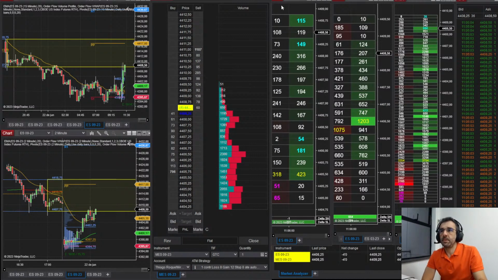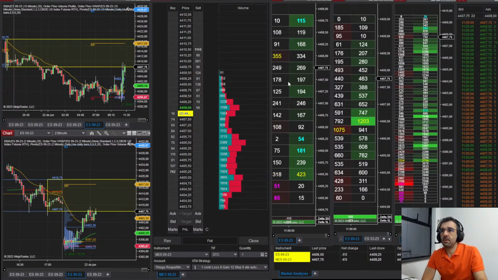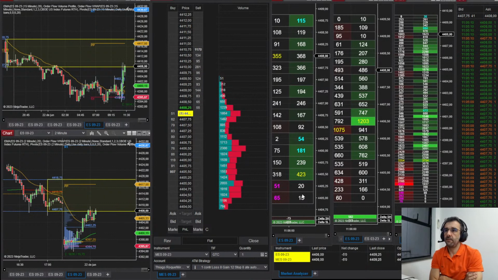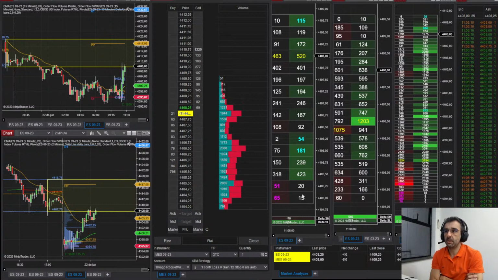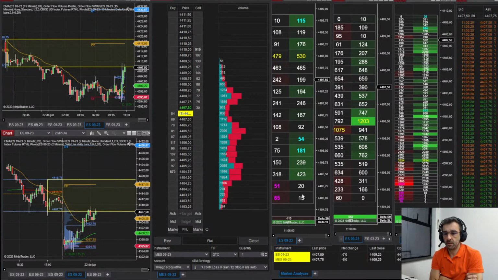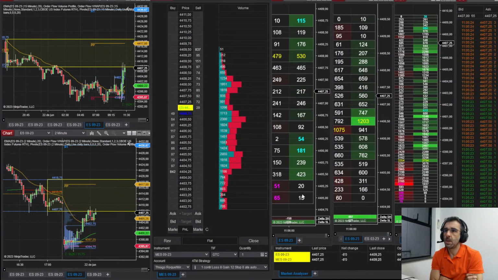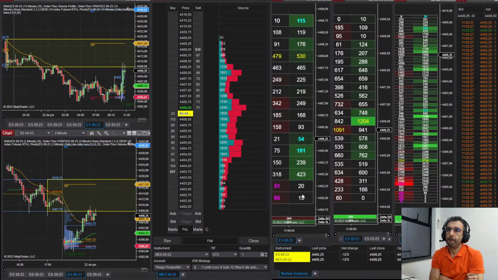Now we've seen a bit of migration, absorption at 8, so kind of an indication that buyers are there. They could fail, but they're defending. But failed again.